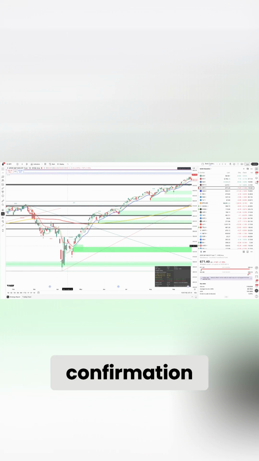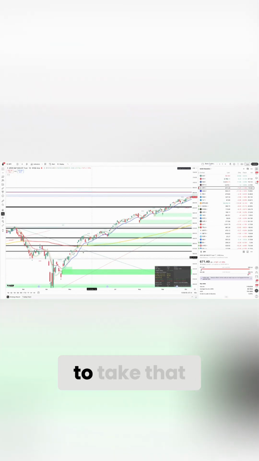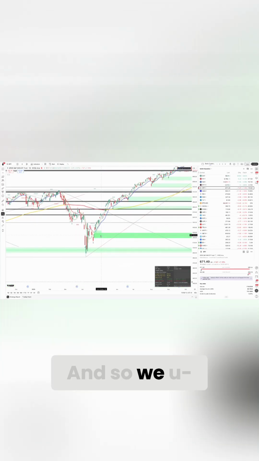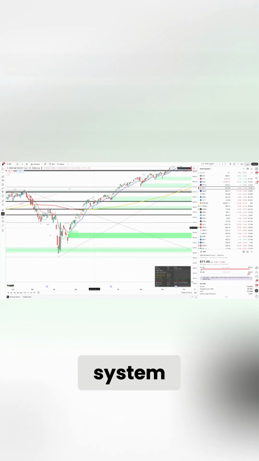So we got our early confirmation down here at 530, but we can still enter responsibly when we're above our 200, when we're above the 12, and we break above this trend line resistance to take those next legs up. Okay.